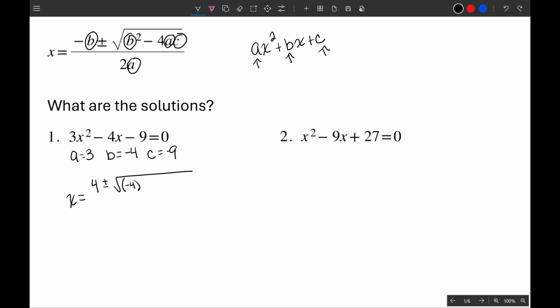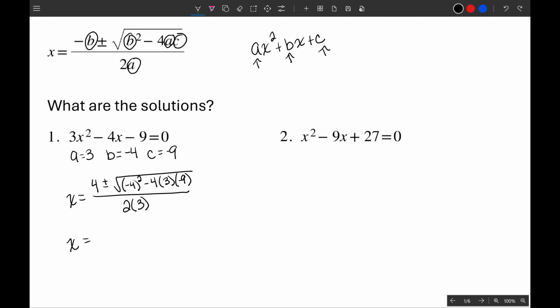It's very important that you put that in parentheses, especially if you're going to use your calculator, so that you know that negative 4 has to be squared. Minus 4 times my a value, which is 3, times my c value, which is negative 9, all over 2 times my a value, which is 3.